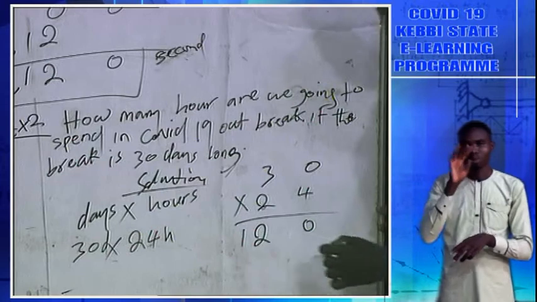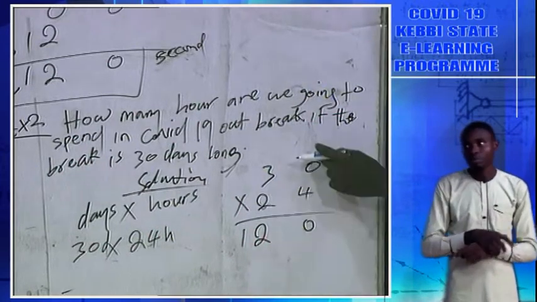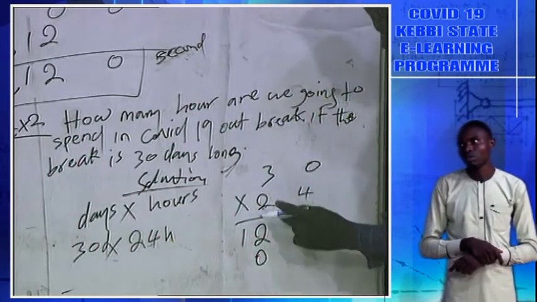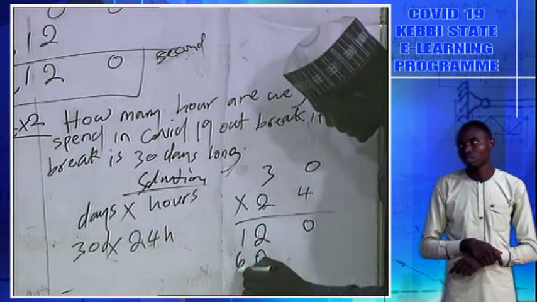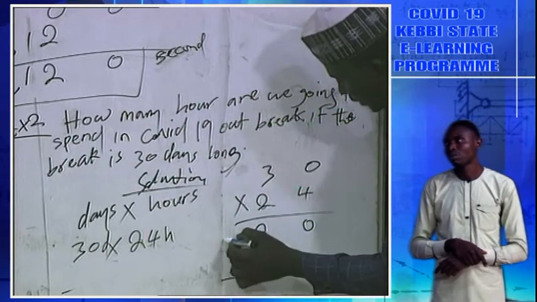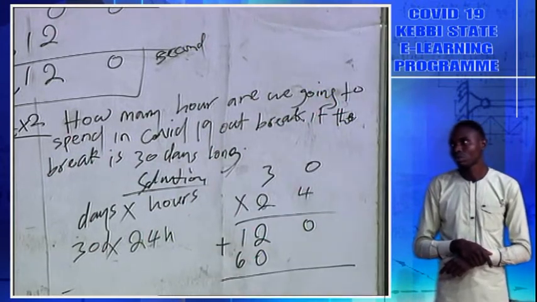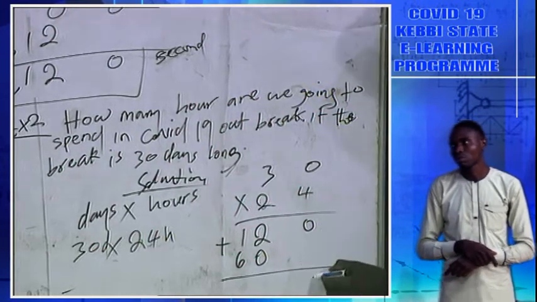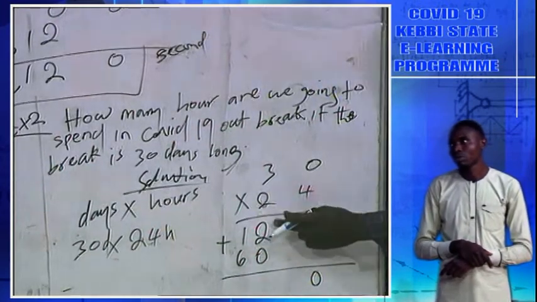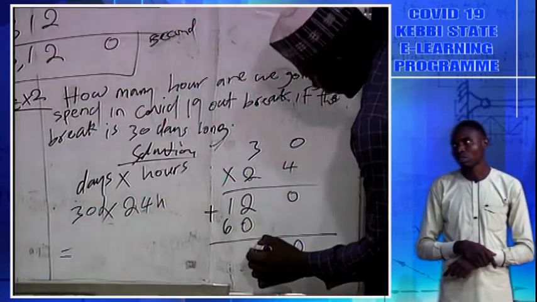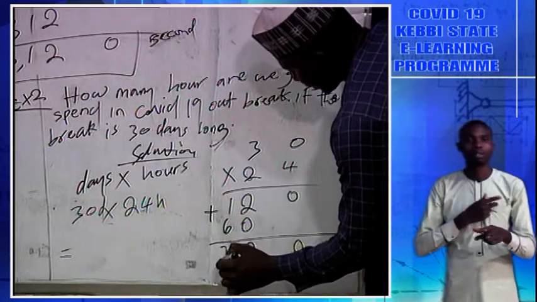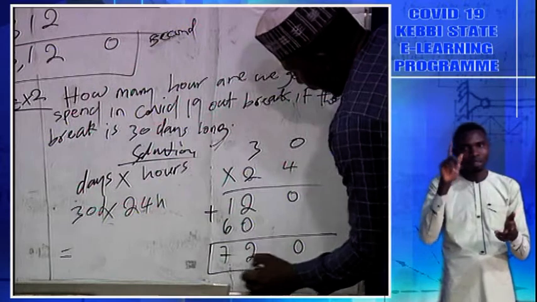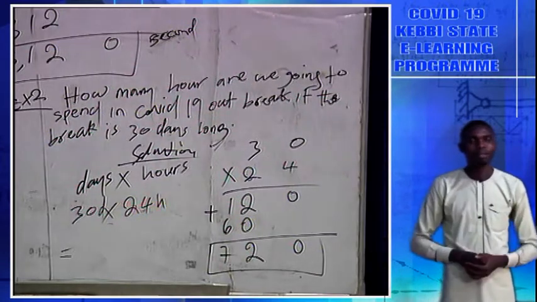We put 12. 2 times 0 is 0, 2 times 3 we have 6. Underline, plus. Now, 0 plus nothing is 0. 2 plus 0 is 2. 1 plus 6 is 7. So our final answer is 720.